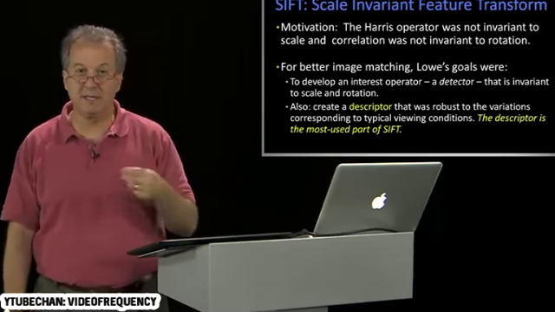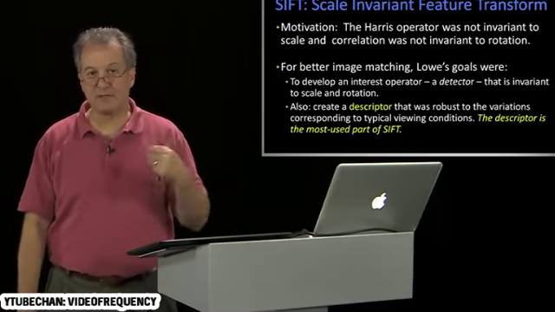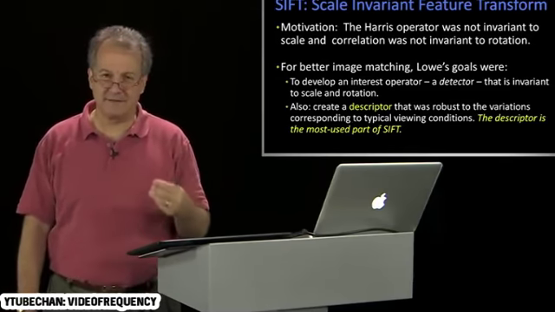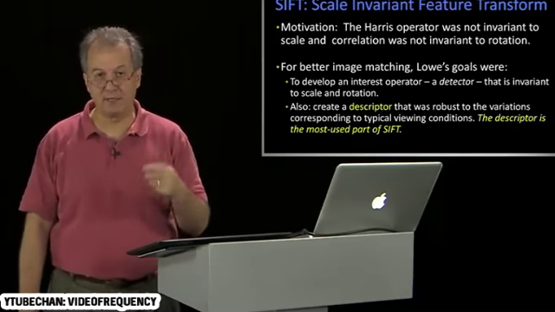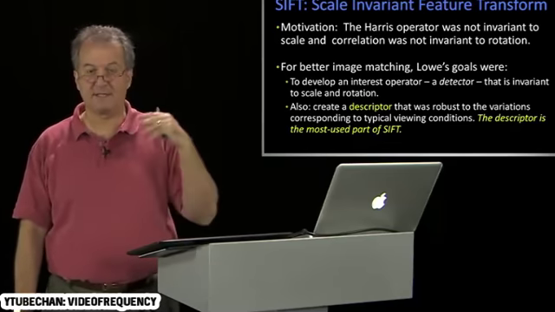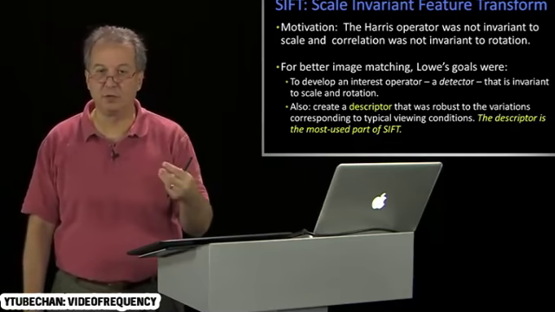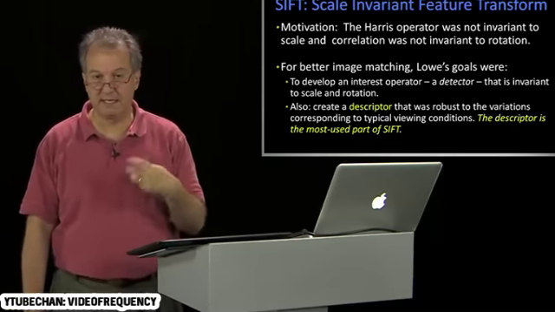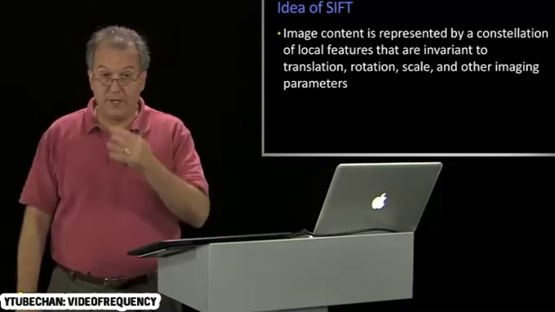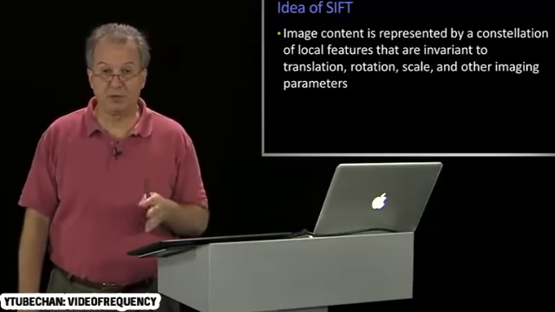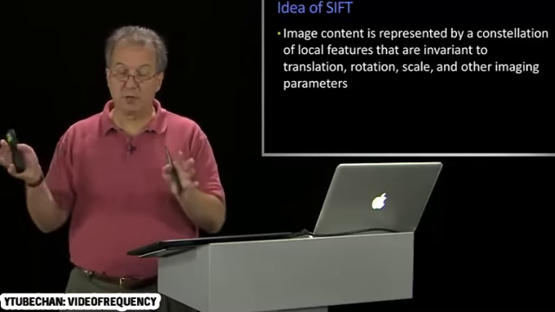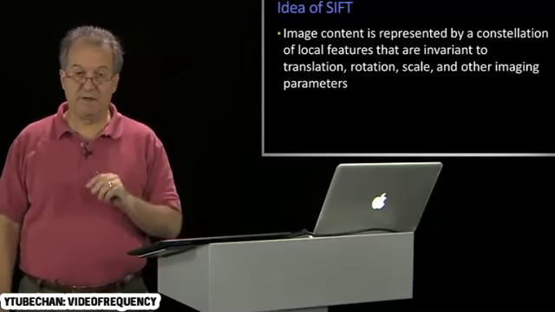And just inserting an opinion here, these days, for SIFT and things like SIFT, the descriptor is the part that's used most. The idea of building these local descriptors was really significant and continues to be used today. So here's the idea of using SIFT for doing things like alignment or recognition of objects.